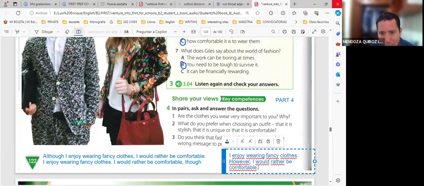Try not to be repetitive, or at least if you're going to repeat, make sure you use different words. You rephrase, you don't repeat. And this is great because it shows a great command of the language. It shows that you can play with different structures. You say the same thing, but using different structures, different vocabulary, and also a different type of grammar.